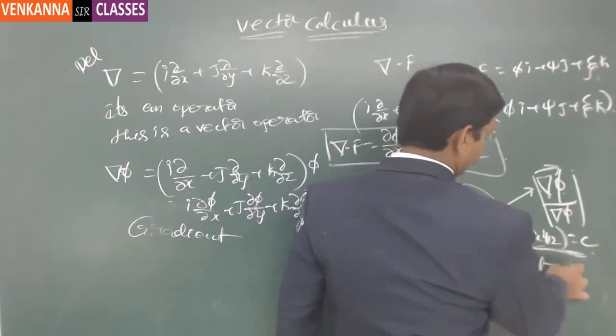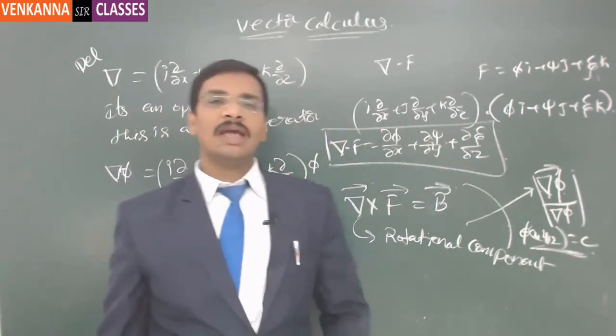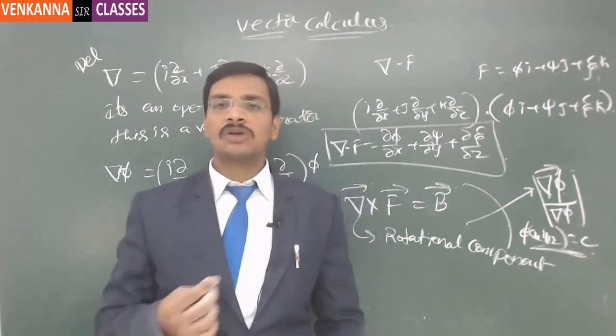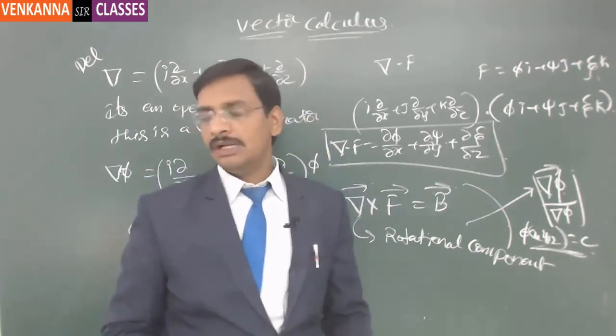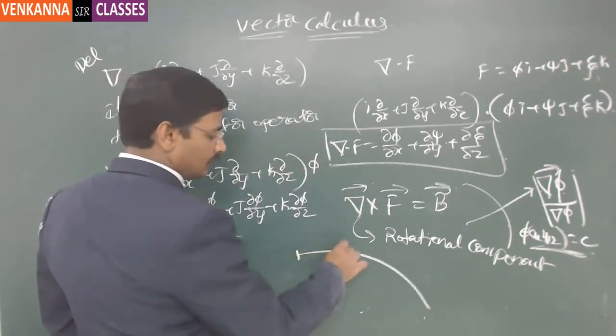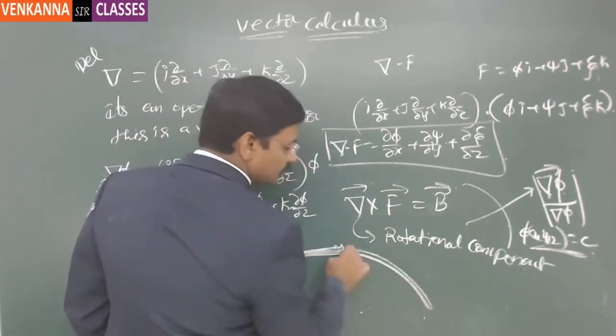What we mean here, see this: suppose there is a field that is present, then the field can have an effect on a particle either to move in a linear direction or to move in some curved fashion, right? Suppose the water is moving like this, then from here to here, this is a linear motion. Now from here to here, this is no more a linear motion.